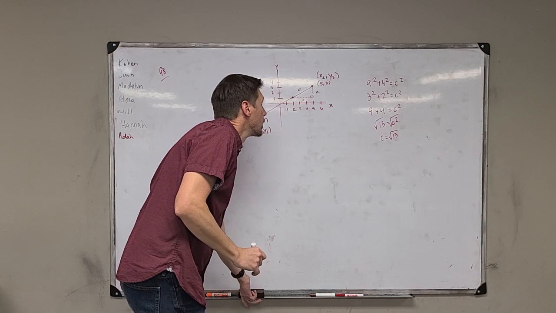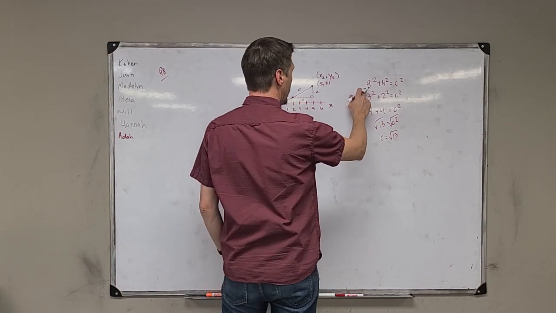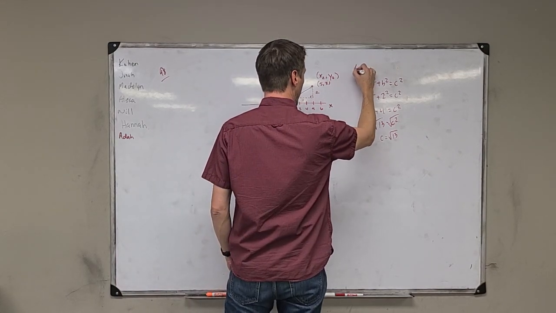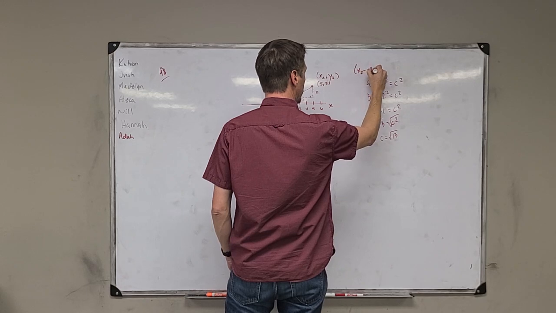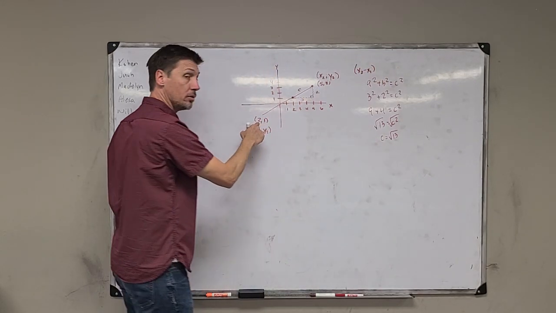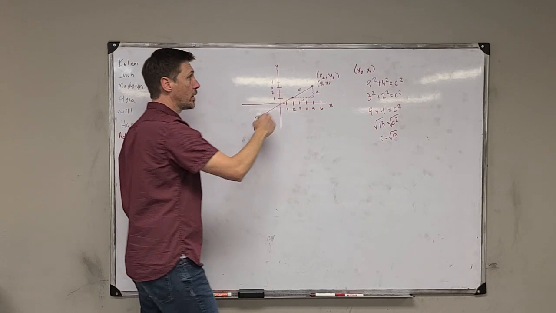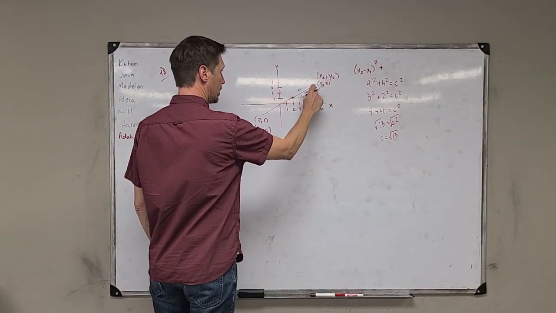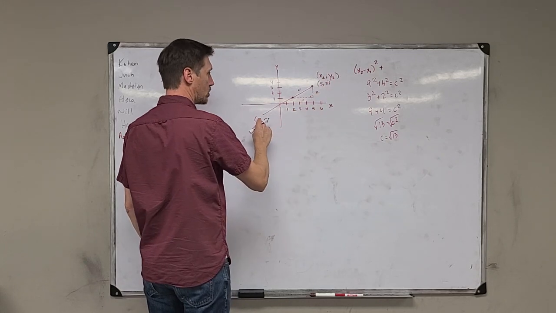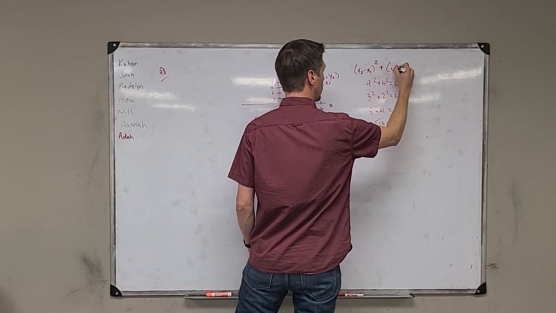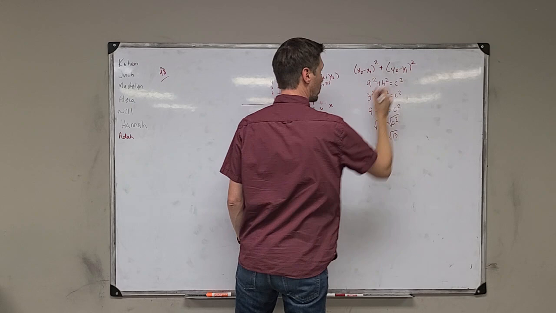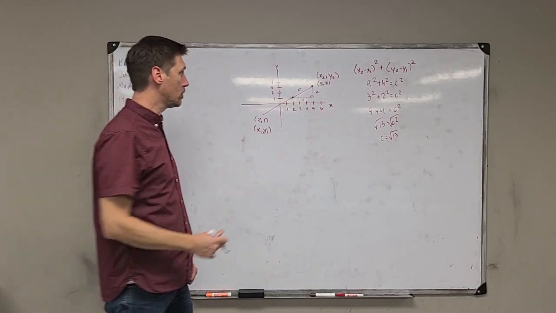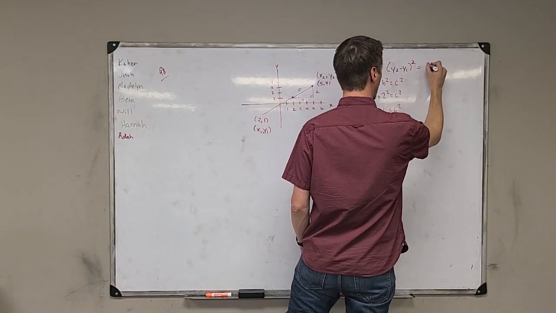I could say that a then is actually the difference in the x values. So x2 minus x1, right? That was our 5 minus 2. Square that. Plus, my b is the value of the y coordinate minus this y coordinate. So y2 minus y1. Square that. That's got to equal this distance c here, right? That equals c squared.